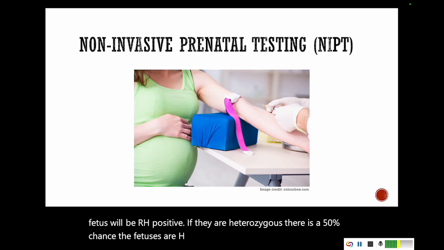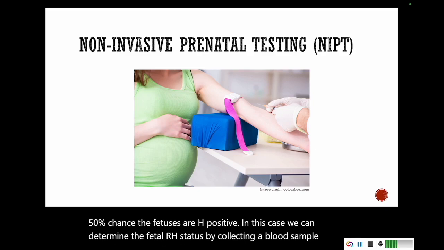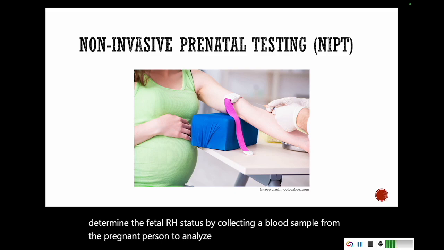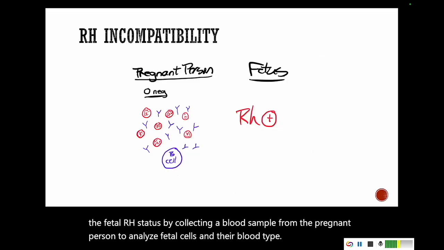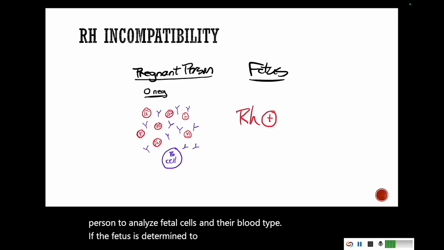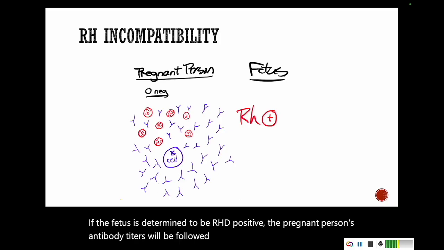In this case, we can determine the fetal Rh status by collecting a blood sample from the pregnant person to analyze fetal cells and their blood type. If the fetus is determined to be Rh positive, the pregnant person's antibody titers will be followed closely. If they start to rise, it is likely that hemolysis is developing.